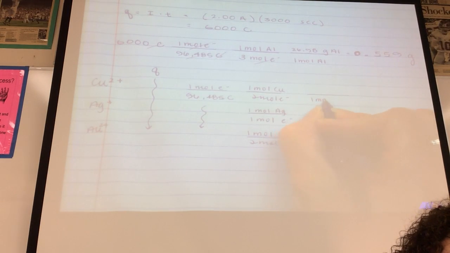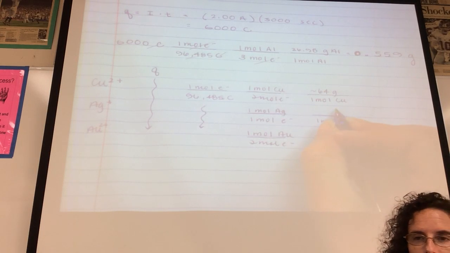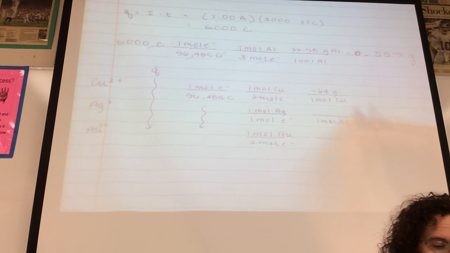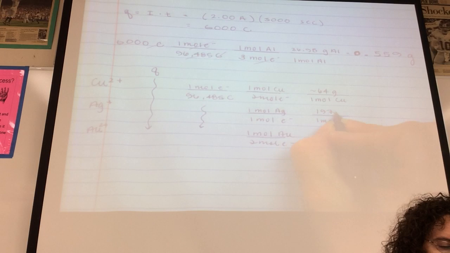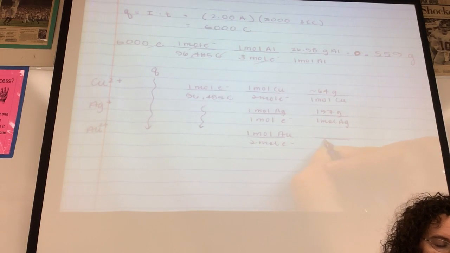Be careful though, because you have to take this into account too. So copper's about 64 grams, right? Silver's about 197. And gold is?